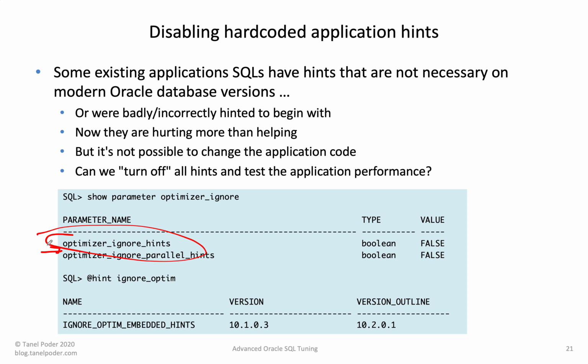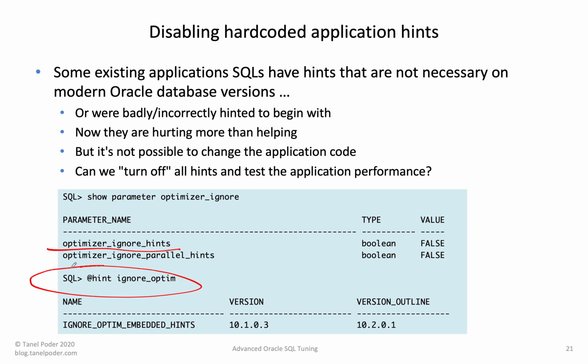And people are often so reluctant to change anything because, for the last 20 years, they spent years and years to get the system to even a semi-stable state. And they don't want to go through the code and remove all the hints and do all the testing in the application code. They might not even know everywhere where hints are coming from. And the solution is here.